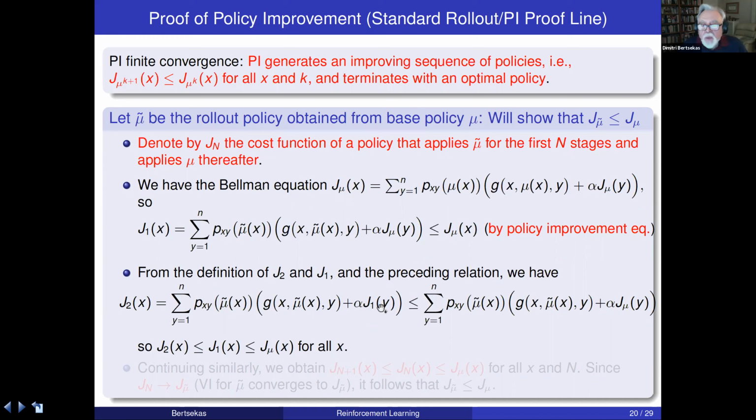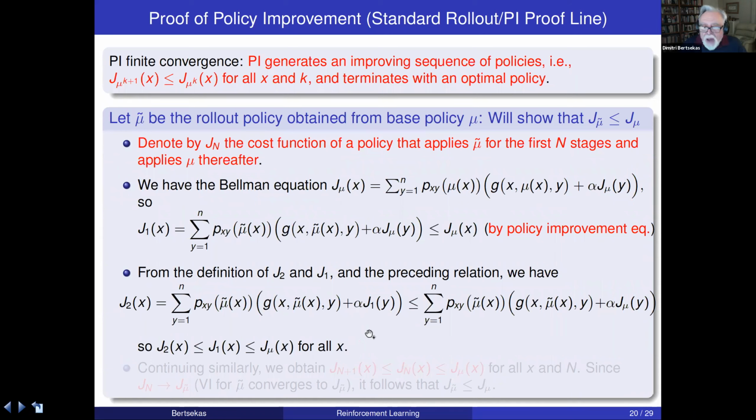So J2 is equal to that. However, J1 is less than J mu, so I can continue my inequality this way. So J2 is less than J1, which is less than J mu, as I proved earlier. So I have this relation holding for all x.